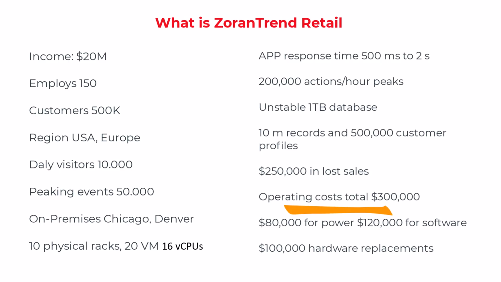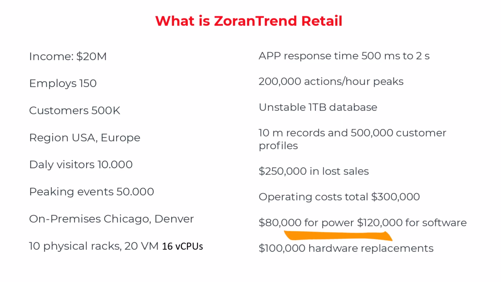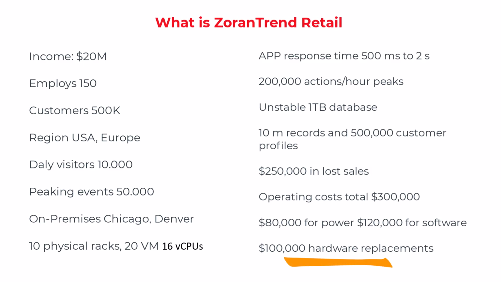Annual operating costs total $300,000, $25,000 a month, including $80,000 for power, $120,000 for software licenses, and $100,000 for impending hardware replacements.